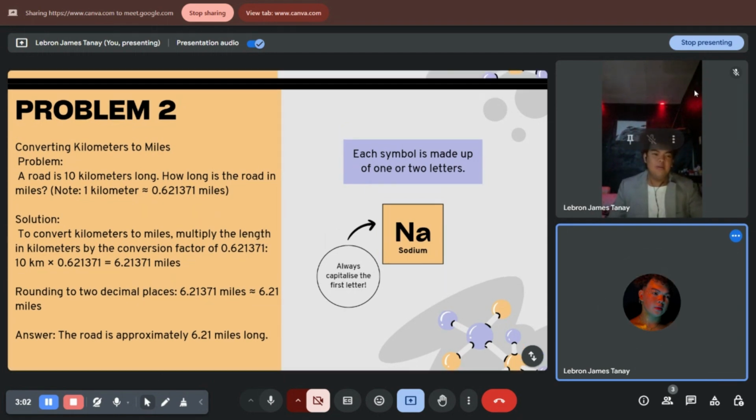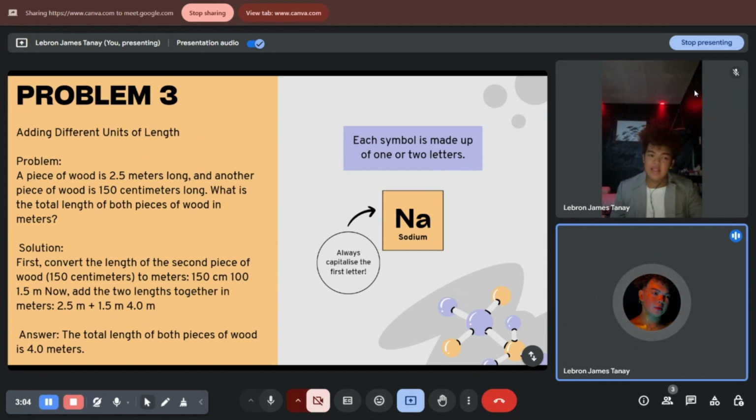Problem number 3 is adding different units of length. Problem: a piece of wood is 2.5 meters long and another piece of wood is 150 centimeters long. What is the total length of both pieces of wood in meters? The solution is, first, convert the length of the second piece of wood.